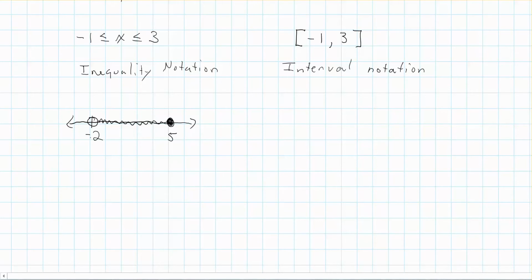So if we were, again, to write this as an inequality, this would be -2 less than x. I don't do less than or equal because I'm not including -2, less than or equal to 5. And then if we did this as an interval, well, the endpoints are still -2 and 5. And then I need to put a bracket, a square bracket, around the 5 because I include it. And then I put a parenthesis by the -2 because it's not included.